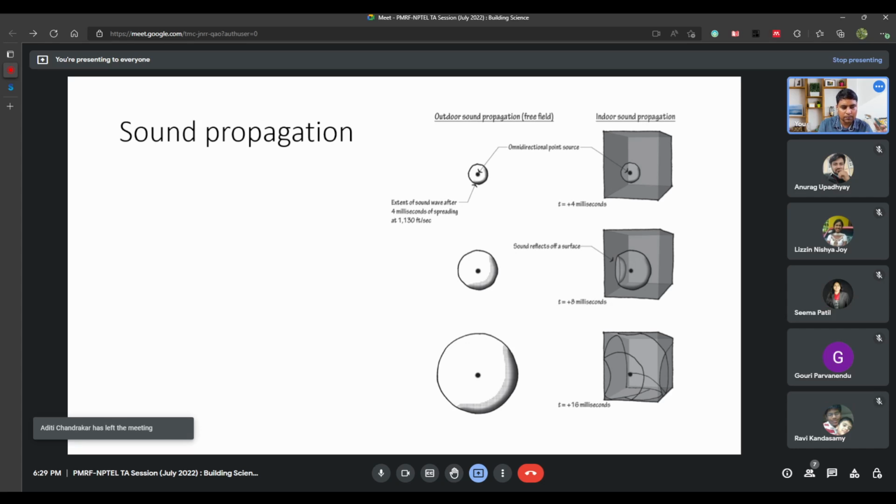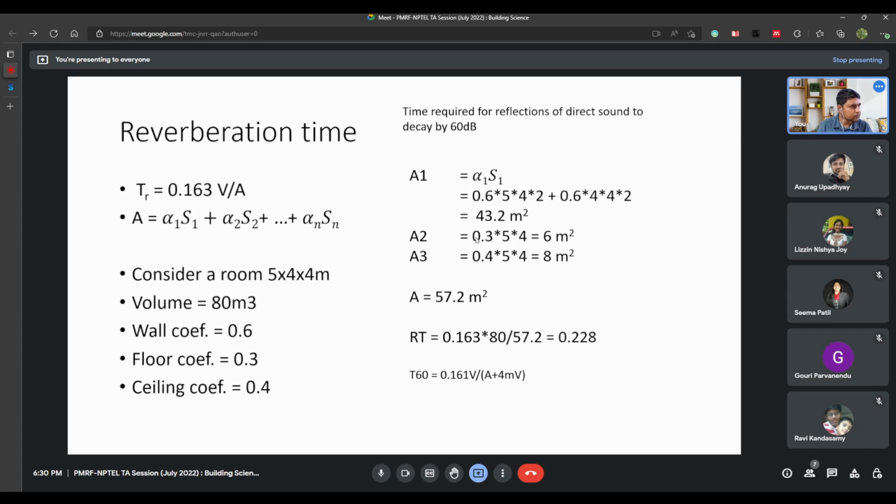This concept is extrapolated and used in software, using the concept called ray tracing. Ray tracing is a concept that can be applied to sound and also to lighting.